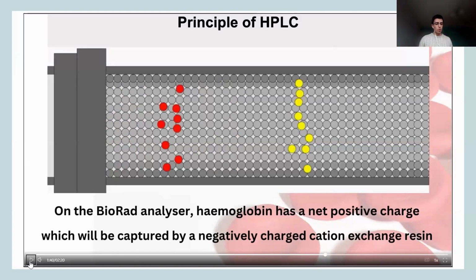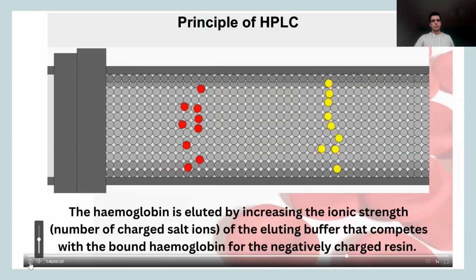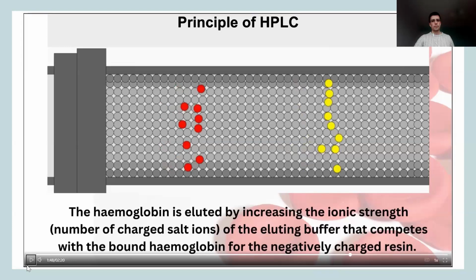So therefore, if the hemoglobin has a net positive charge, it's going to be automatically captured by the negatively charged resin, or cation exchange resin, that is within the column. That is the way that you target solely one molecule out of the hundreds in your sample. Everything else gets extracted or discarded.